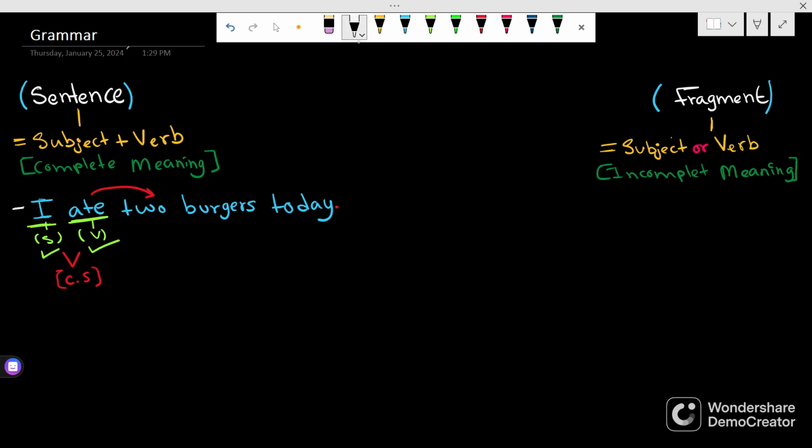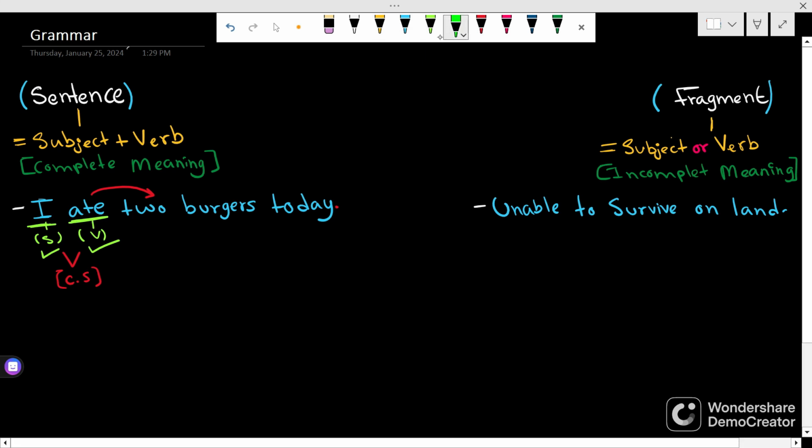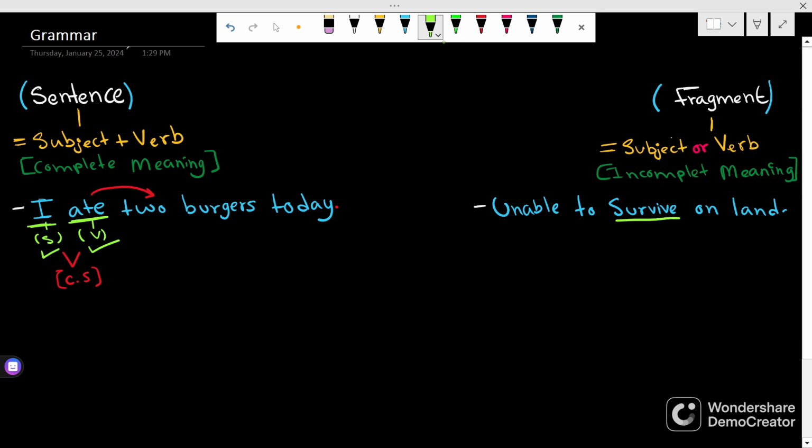Now let's take an example for a fragment. Unable to survive on land. In this sentence, we have a verb. The verb is survive.